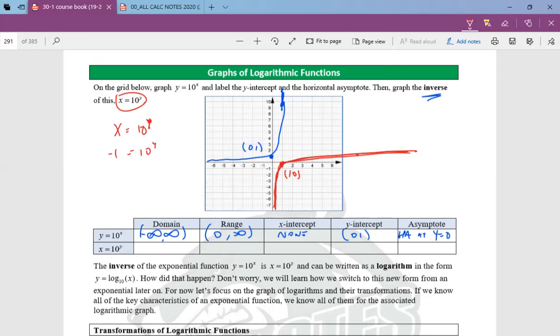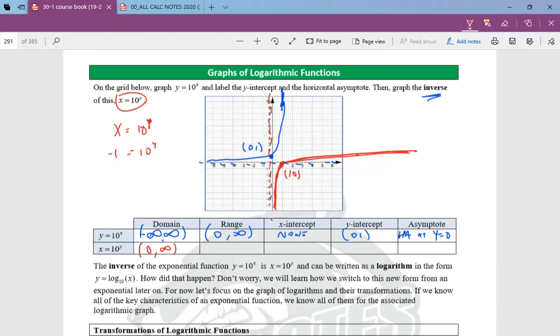So what we end up with here is a vertical asymptote on this line, whereas on our exponential, we have a horizontal asymptote. Our domain goes from 0 to infinity, not including 0 because we have an asymptote there.